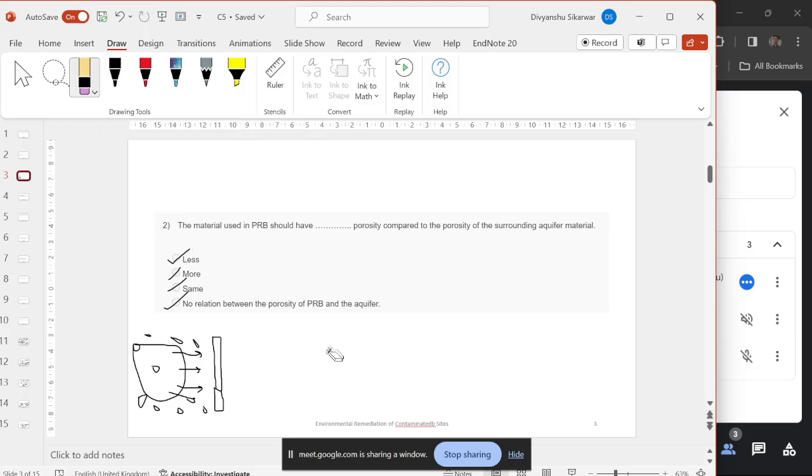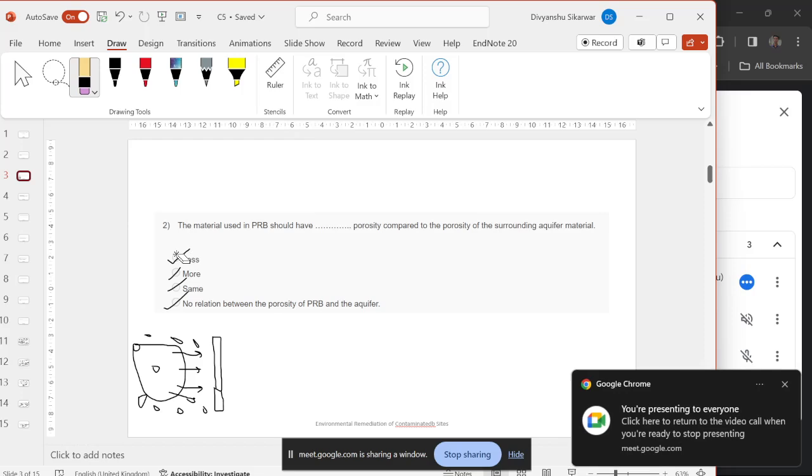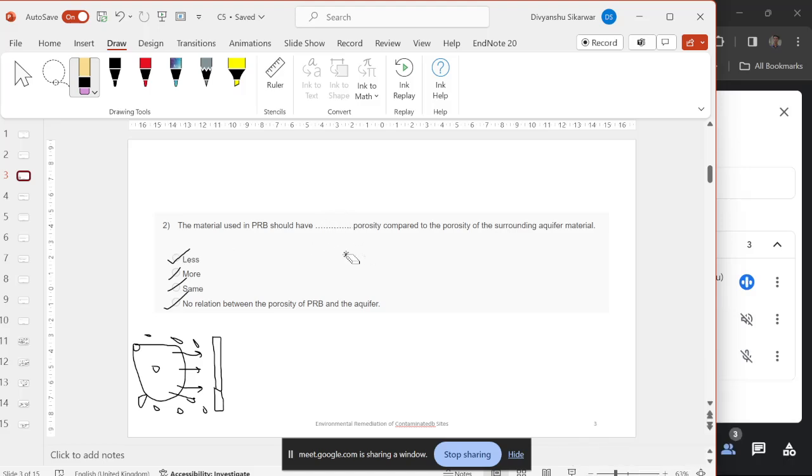This is the current problem. The material used in PRB should have what porosity as compared to aquifer material?